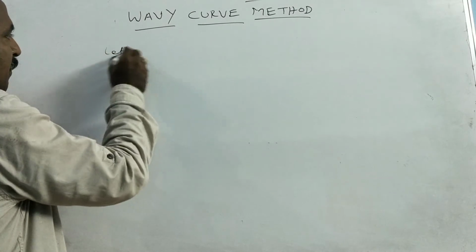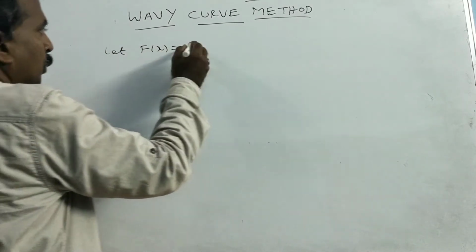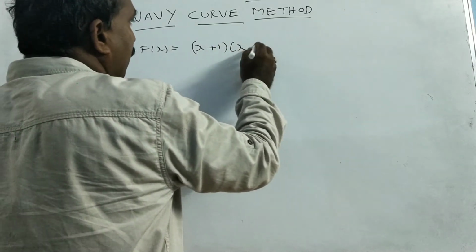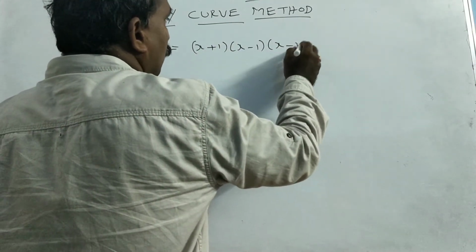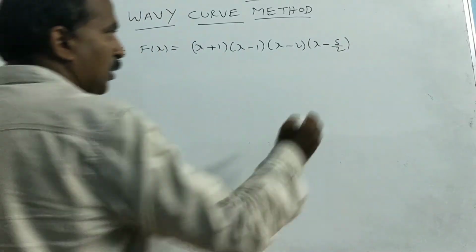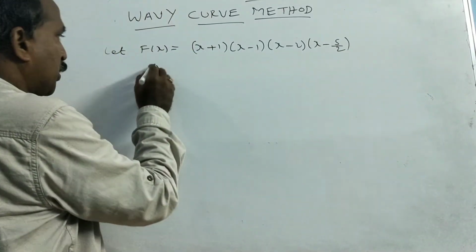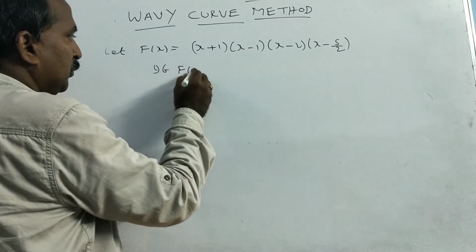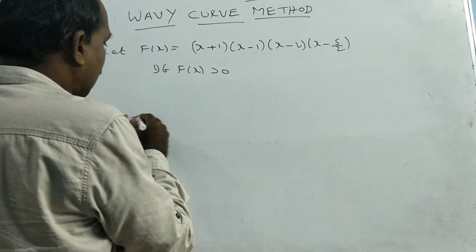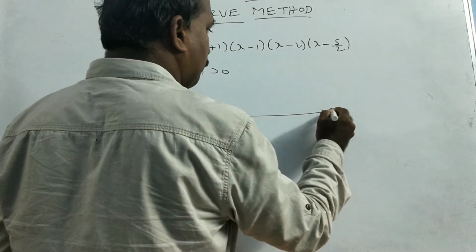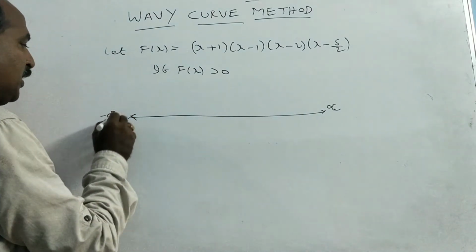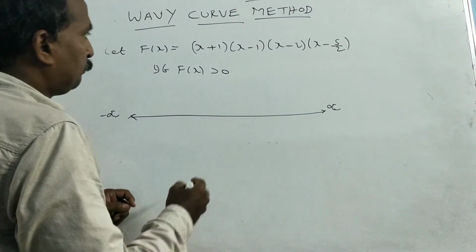Let us see one example on wavy curve method. Let f of x equal to (x plus 1) into (x minus 1) into (x minus 2) into (x minus 5 by 2). If f of x is positive, draw a real line, take plus infinity here and minus infinity here.